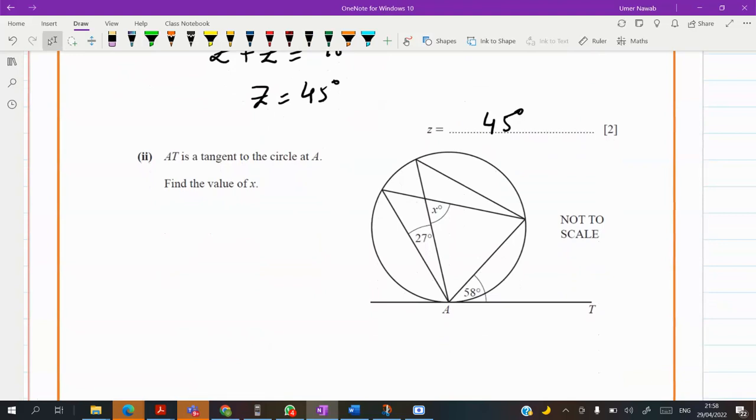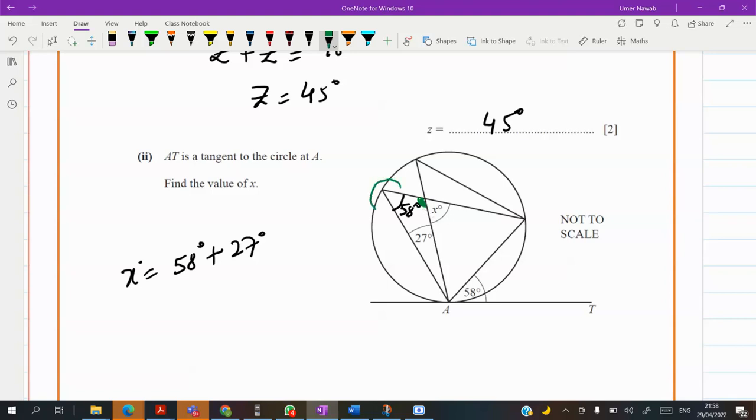Next, this is a tangent. So this is 58 by the alternate segment theorem. This is also 58. And then I can easily find x. You can find this angle first and then subtract it from 180.